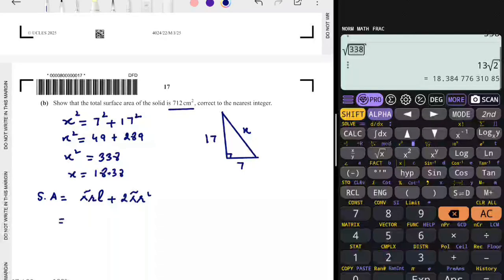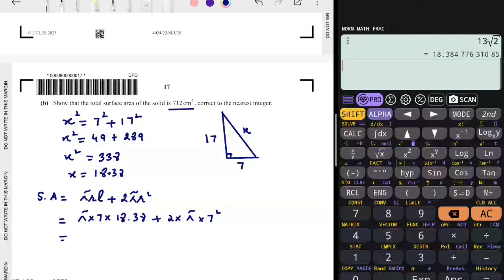So let us substitute values. Pi, radius is 7, slant height is 18.38, plus 2 times pi, and the radius is 7 square. So now we'll simplify them.